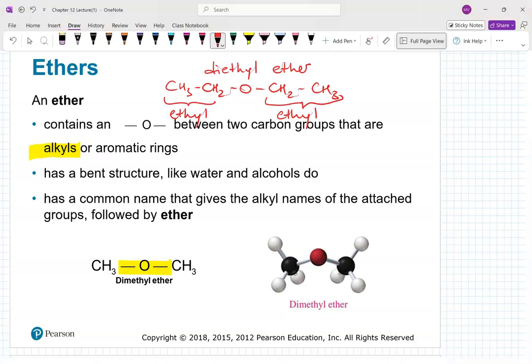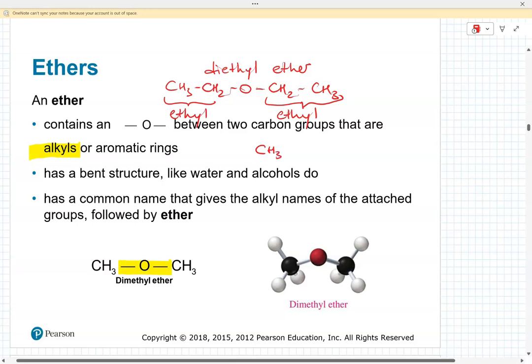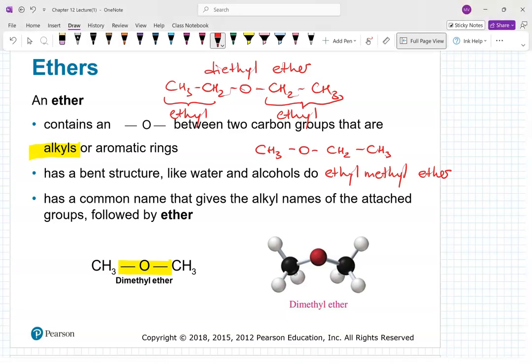If you have two different substituents, for example, a molecule that looks like this, it will be ethyl methyl ether, right?